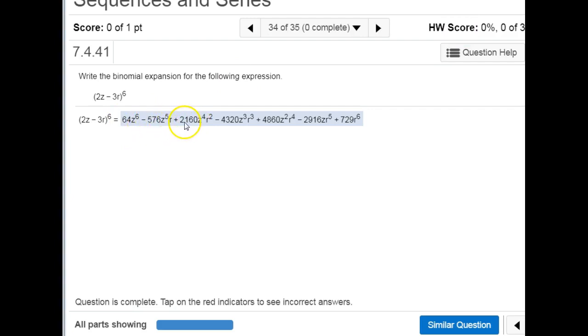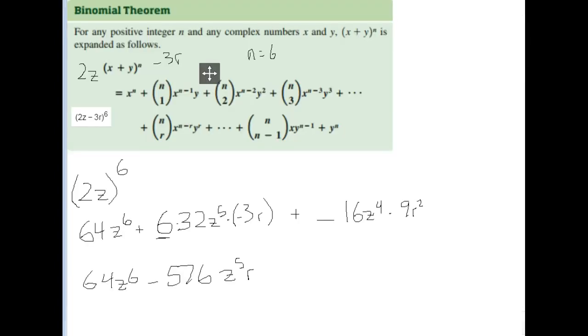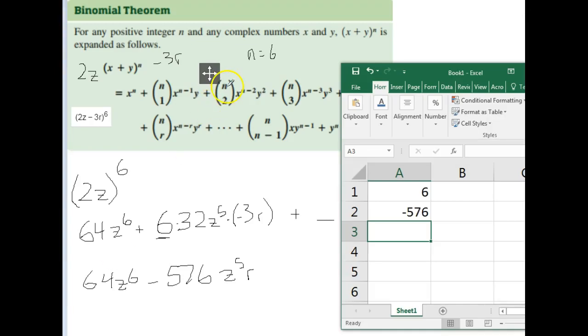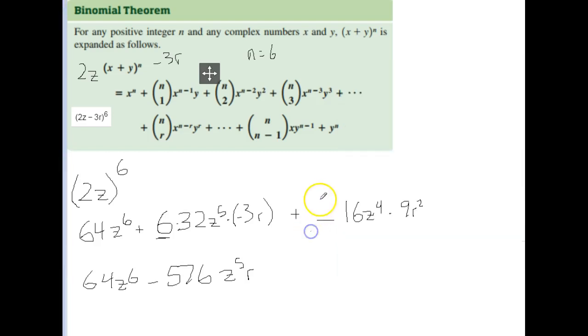And I'll do one more. So 2160 they're getting for the second term. Well, how do they do that? Well, we look at the pattern, which is now 6 combination 2. If you had 6 things and you make groups of size 2, how many unique groups can you have? Well, there's 15. And so 15 is our number that goes there.